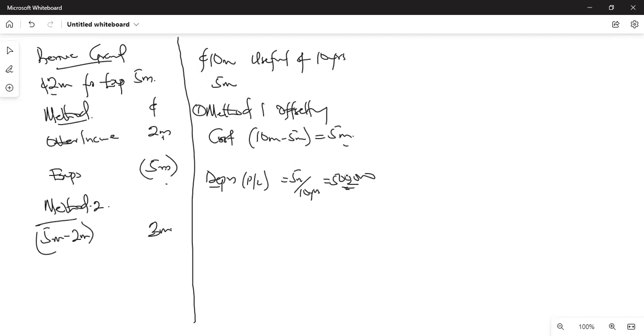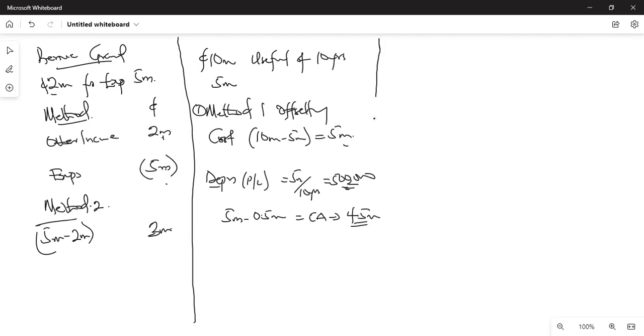Then it means you are going to have your 5 million less your depreciation, to have your carrying amount presented at 4.5 million. That is how it is.